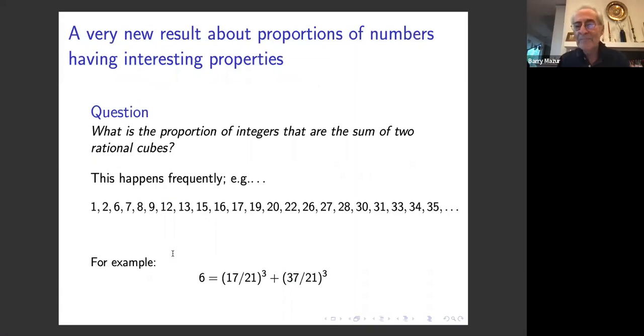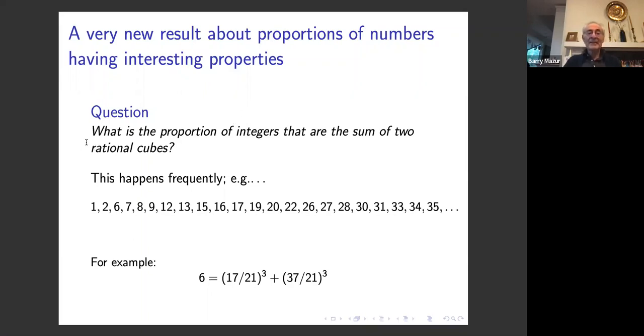Okay, I don't want to end this discussion with a theorem that was proved quite a while ago. How about a theorem that was just proved last month? A very new, interesting theorem about proportions of numbers, about densities of numbers having interesting properties.